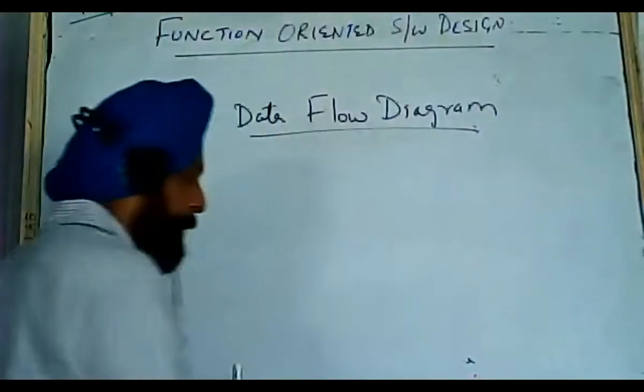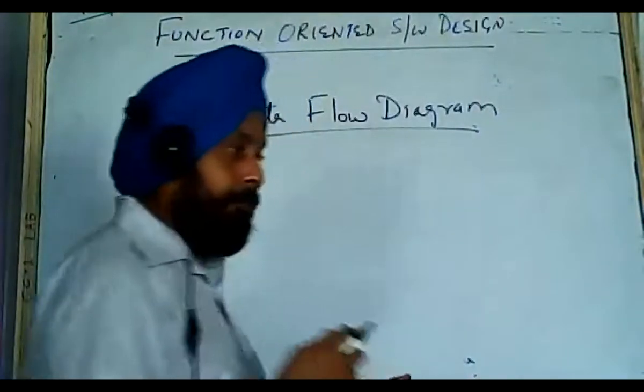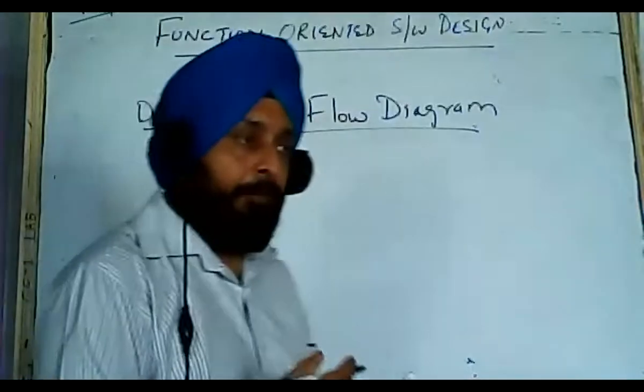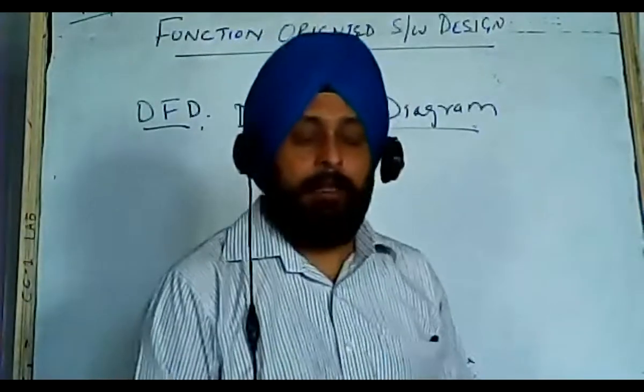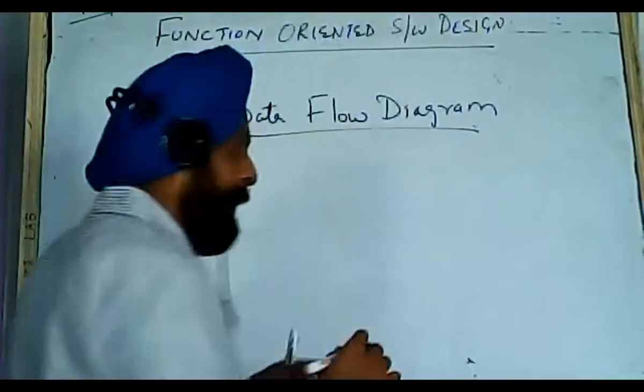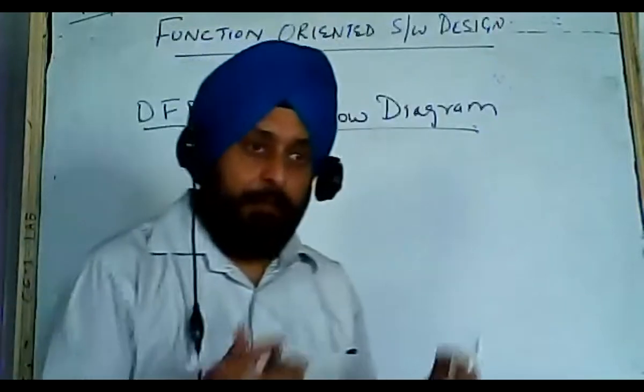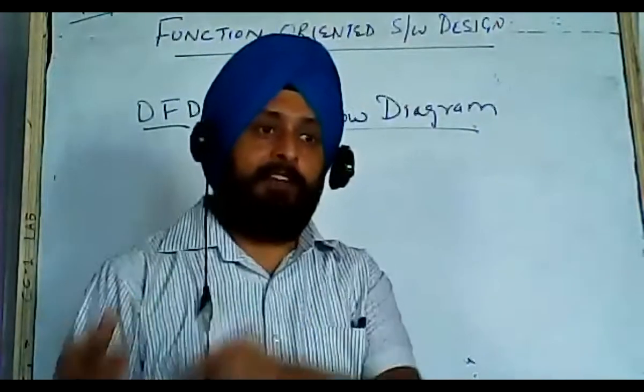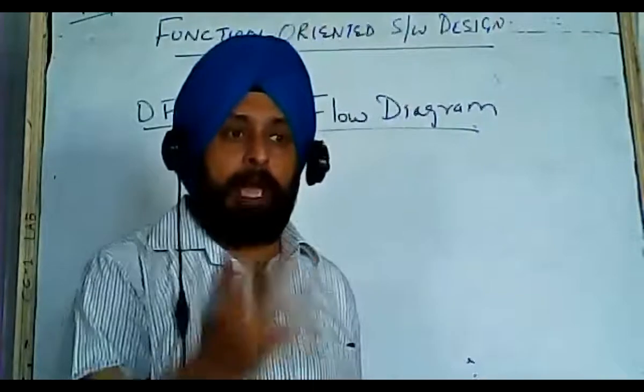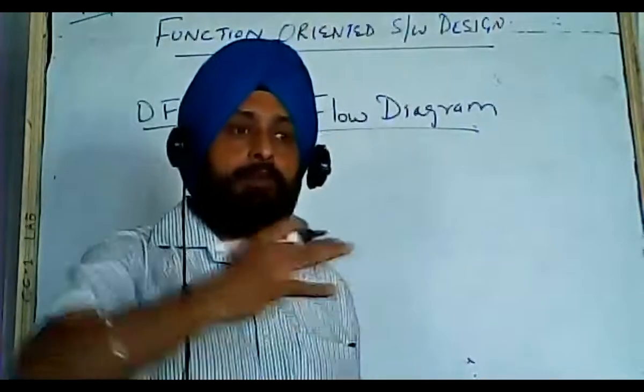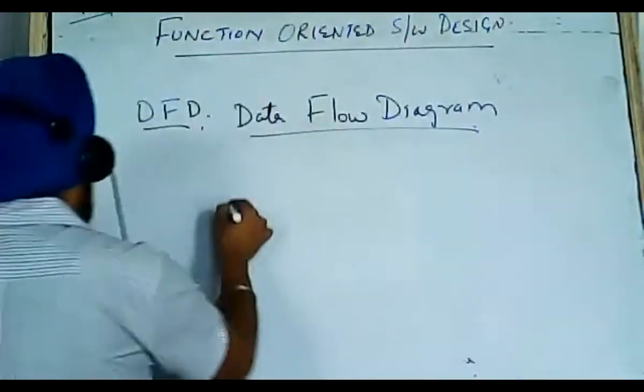In the previous diagram, the main function of your system was represented as a 0 bubble. If it is doing 3 functions, function 1, function 2, and function 3, then we have to separate that bubble into 3 bubbles like this.